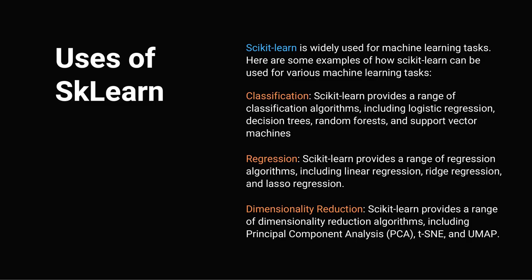Clustering. Clustering is a process of grouping similar data points together based on their features. Clustering is commonly used for tasks like customer segmentation and image segmentation. Dimensionality reduction. Dimensionality reduction is the process of reducing the number of features in a dataset while preserving as much information as possible. This is useful for tasks like data visualization and feature selection.